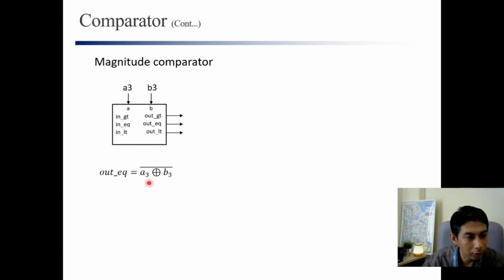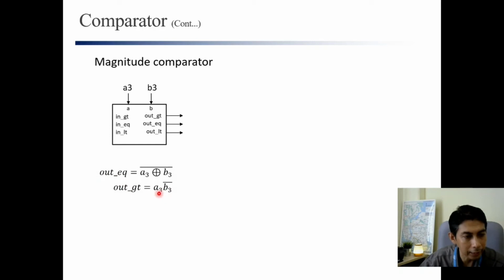So of course, to compare whether A is equal to B or not is by using the XOR gate. Okay, very easy. And to know whether A is greater than B or not, in this case the output signal is named out equal, and this is out greater.